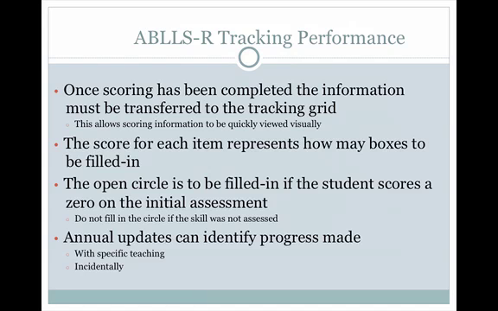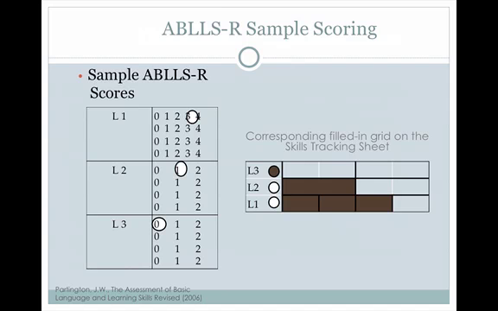And that might be through actual teaching and instruction on that particular goal, or it might just be something that improved over time. Here's an example of a learner who is both filling in the circles on where we're at with something and then correspondingly filling in a grid on the tracking sheet.